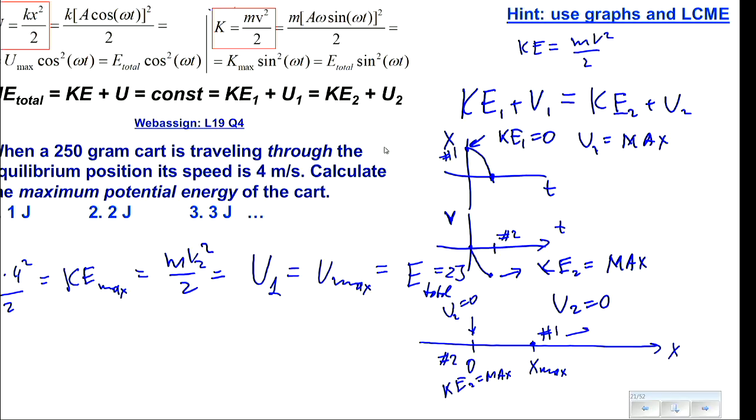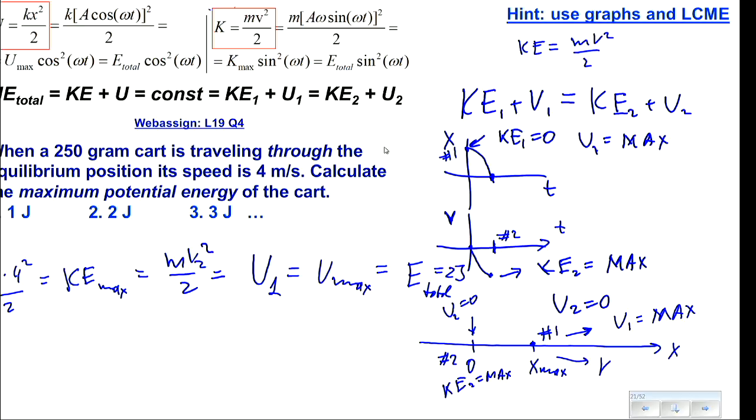Here, at this location, so when I say here, I say at this instant. When I say here, I mean at this location. So instant, location, and at this location, potential energy reaches maximum. The string is stretched as much as possible. But here, it stops momentarily.